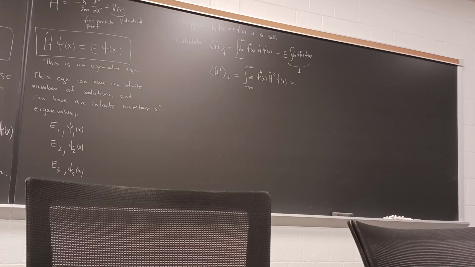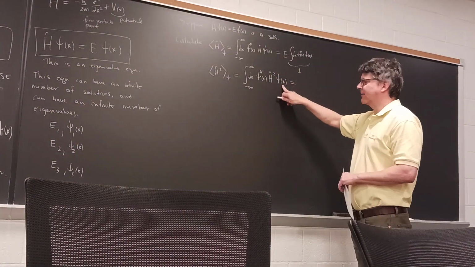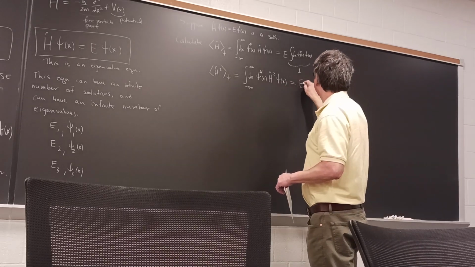Is it E? Is it E squared? It's E squared, right, because I've got two H's, one's going to hit this and give me E, and the second one's going to hit it and give me E. So this is just E squared.